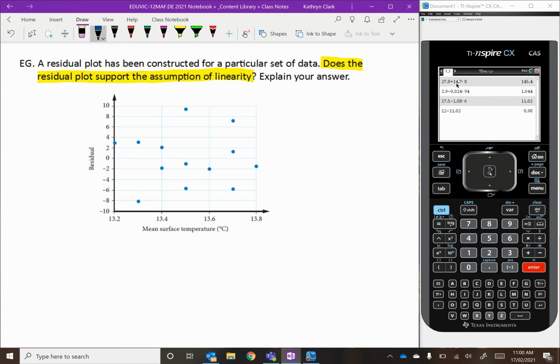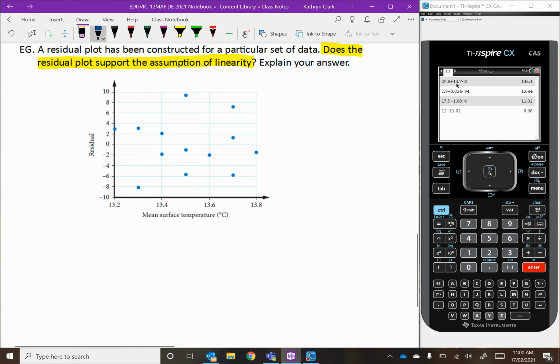That's going to be whether or not the residual plot is random or shows a pattern. So in this case, if we look at this residual plot, all of our values seem to be all over the place. So does the residual plot support the assumption of linearity? Yes. That would get us 1 mark. Why?